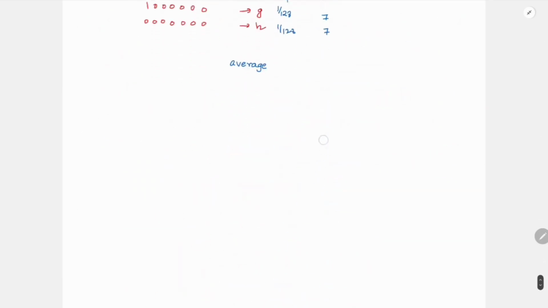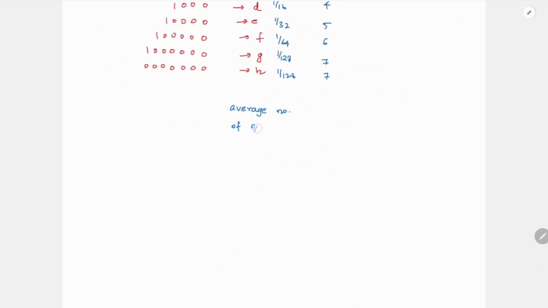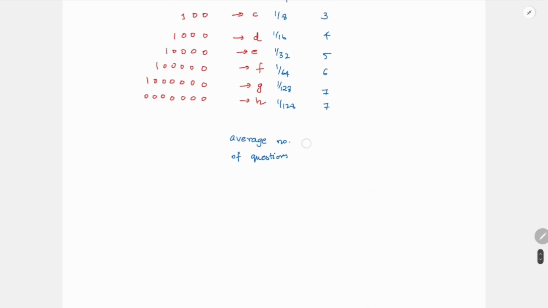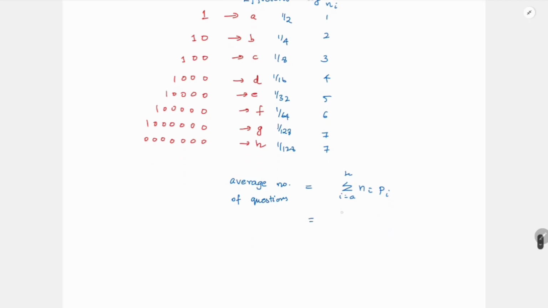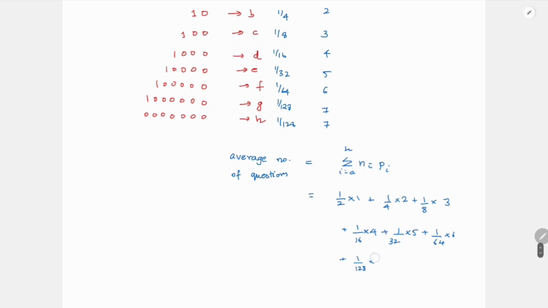Average number of questions will be equal to the summation of ni into pi, sum i equal to A to H. So it will be 1 by 2 into 1 plus 1 by 4 into 2 plus 1 by 8 into 3 plus 1 by 16 into 4 plus 1 by 32 into 5 plus 1 by 64 into 6 plus 1 by 128 into 7 plus 1 by 128 into 7.